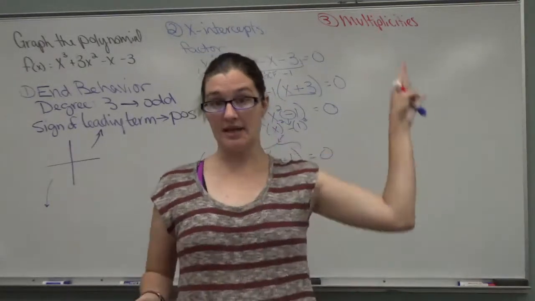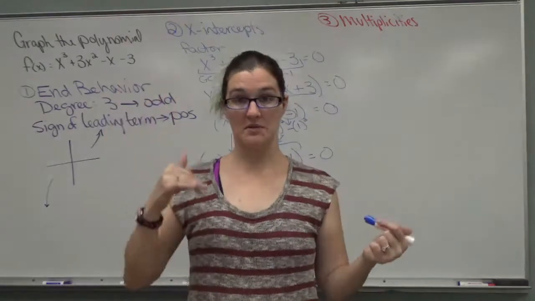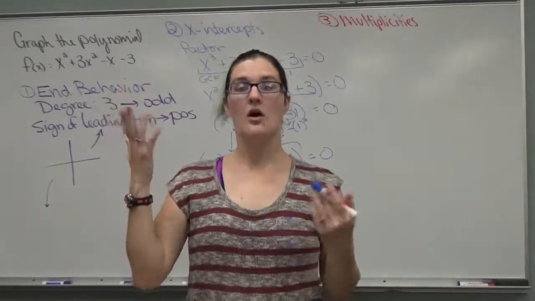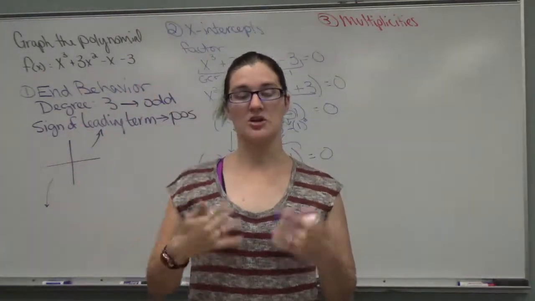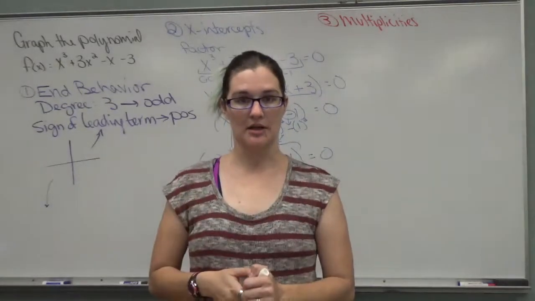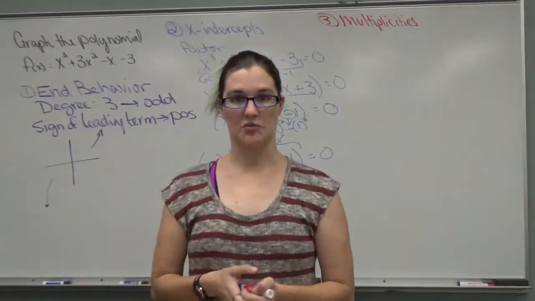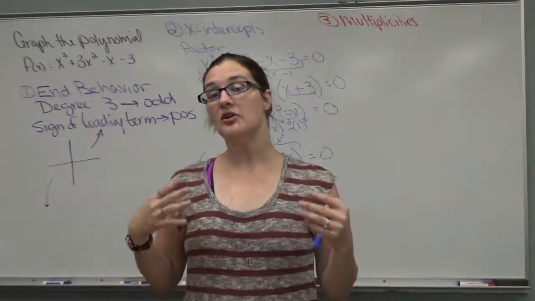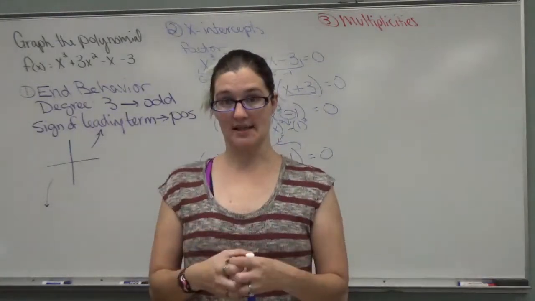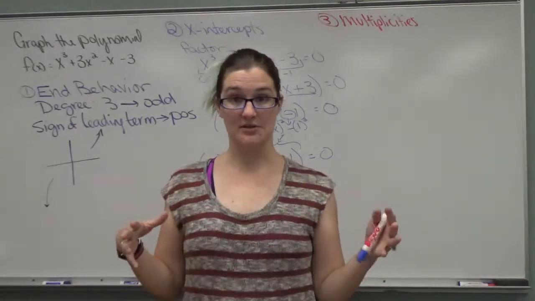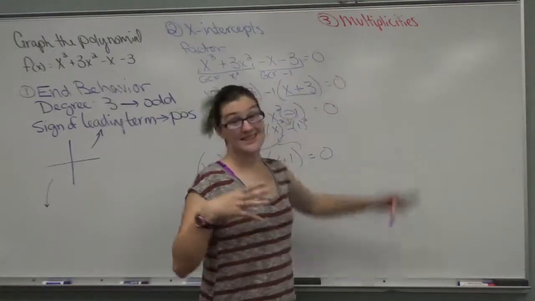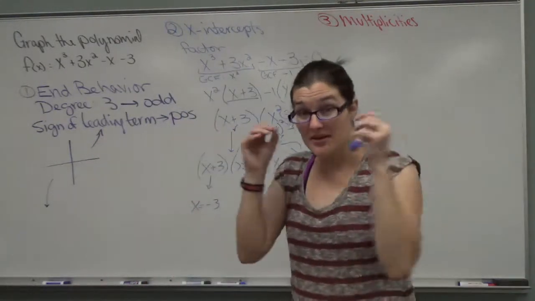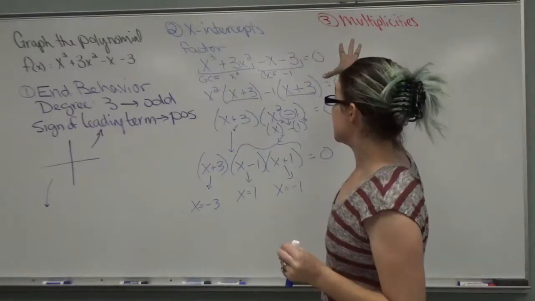It could pass through the axis, going from the bottom to the top or the top to the bottom, or it could turn around, and that could be like the vertex of a parabola, or the bottom vertex of a parabola, the maximum or minimum, the relative maximum or minimums. So we need to figure out what it's doing at the 0 itself, because those are the details. The details that we want to worry about. We're not going to worry about all the little bitty details, but we're going to worry about the main details.